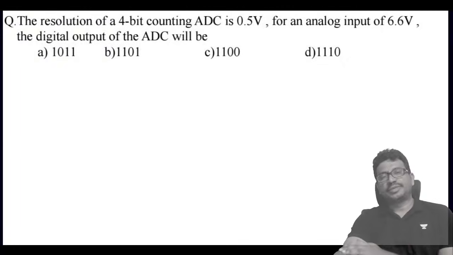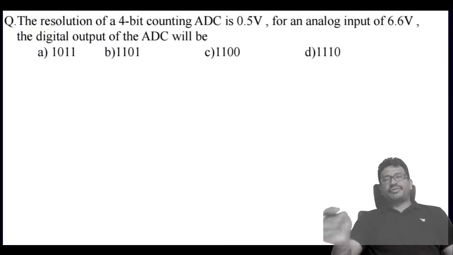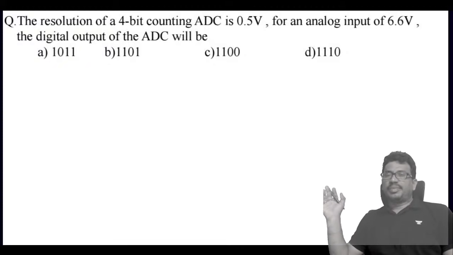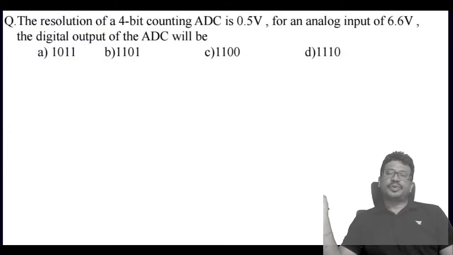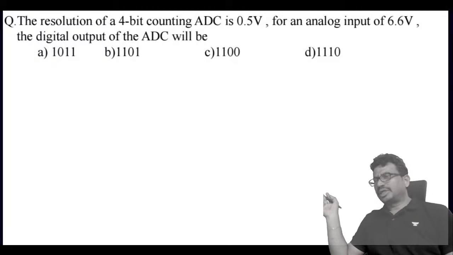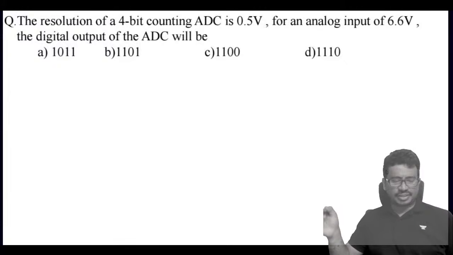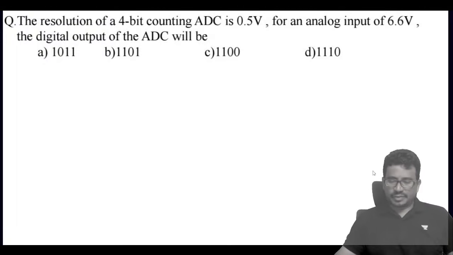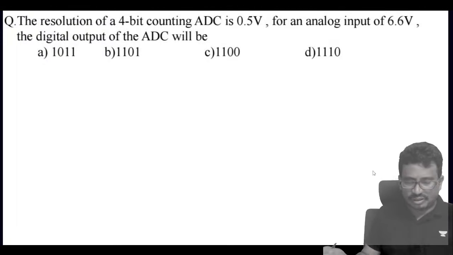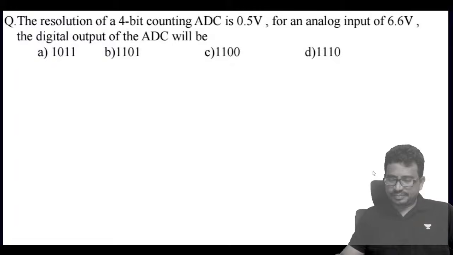And you can see now, the resolution of a 4-bit counting type ADC is 0.5, and for an analog input of 6.6 volts, the digital output of the ADC is, okay, the resolution is given.